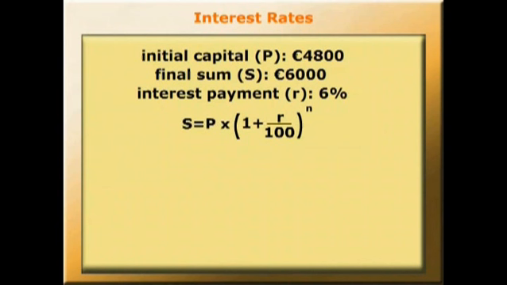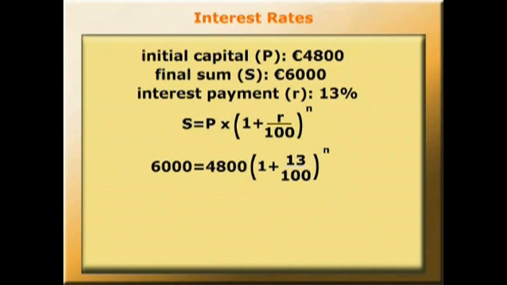Now let's see what happens if the interest rate is not 6% but 13%. What happens now that we have a higher interest rate? How long does it take to acquire the 6,000 euros? Well, 6,000 equals 4,800 times (1 plus 13 over 100) to the n.